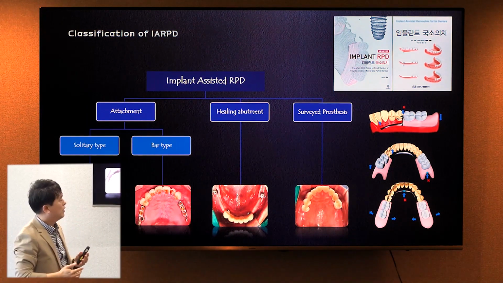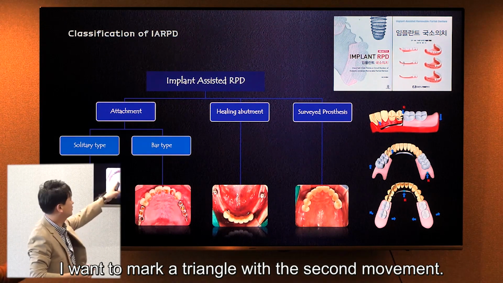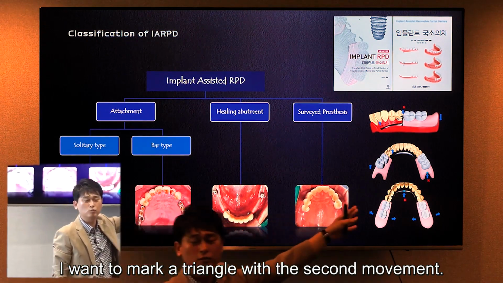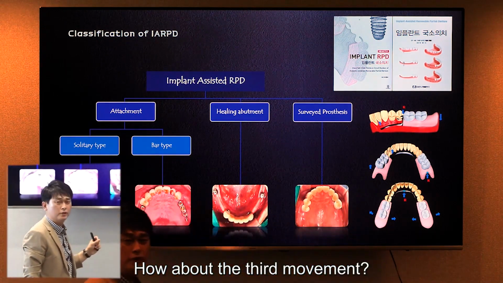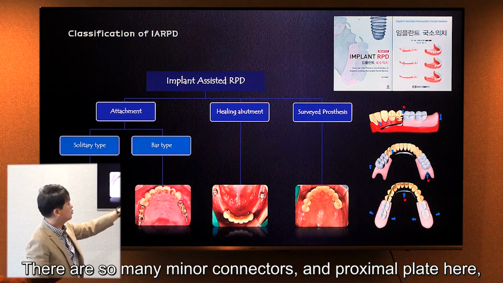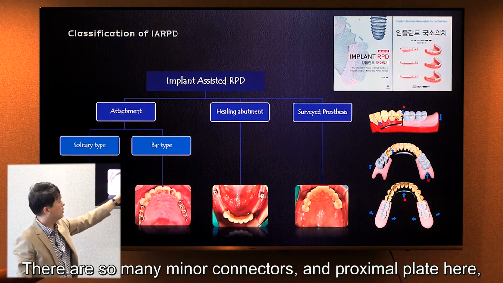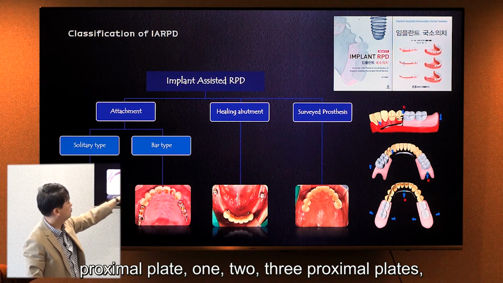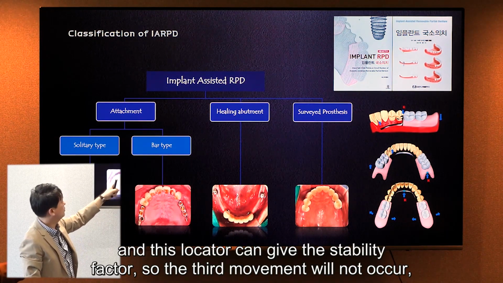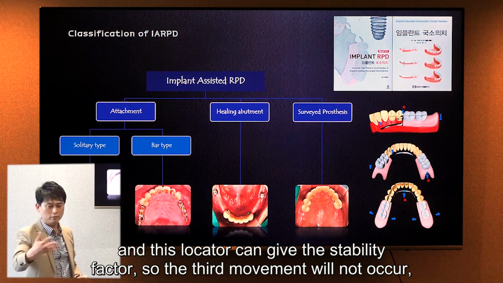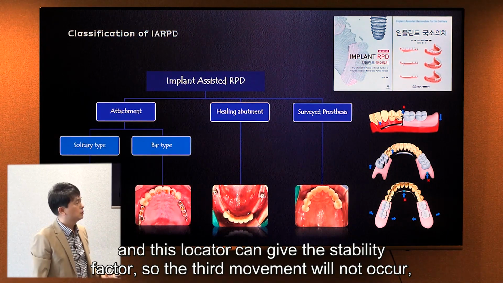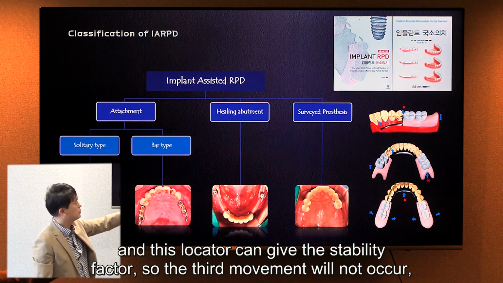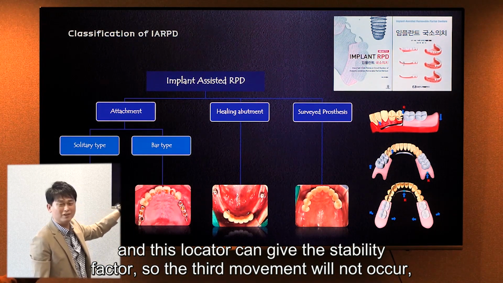So I want to mark a triangle for the second movement. How about the third movement? There are so many minor connectors and proximal plates here. Proximal plate 1, 2, 3 proximal plates. And then this locator can also give stability factors. So the third movement will not occur.